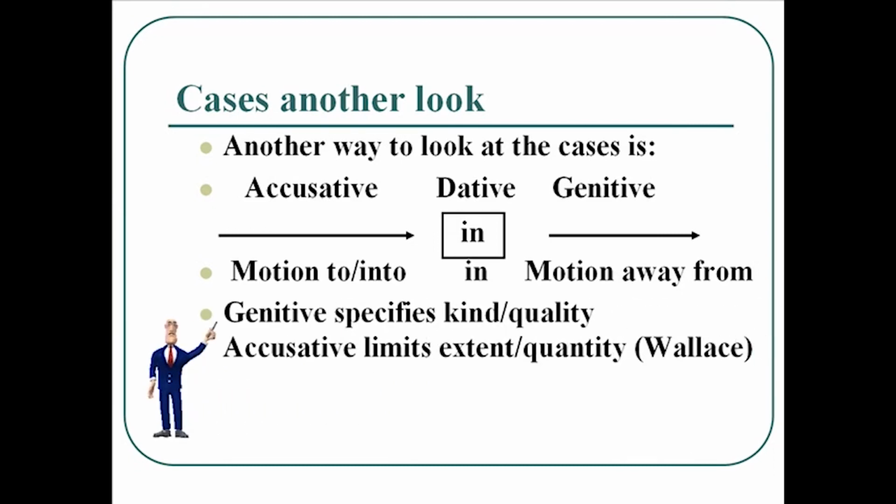Just to review a little bit, the genitive limits kind or quality, and the accusative limits extent or quantity, as Dan Wallace, the author of a major modern advanced grammar, suggests.